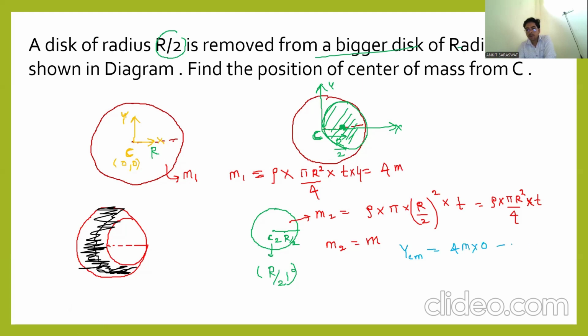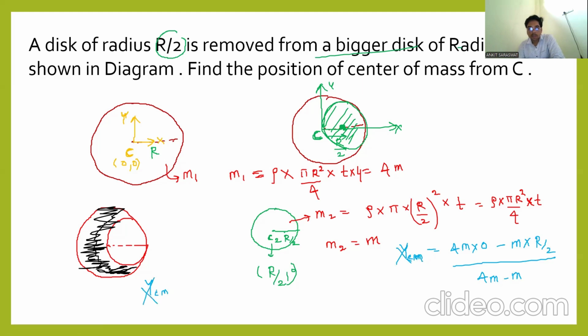What is the answer? Y2 is how much? R by 2. Total mass is reduced now, 4M minus M, we write the sum of all observations divided by the total number of observations. So YCM will be what? Actually it is not YCM, it is XCM. YCM is 0.